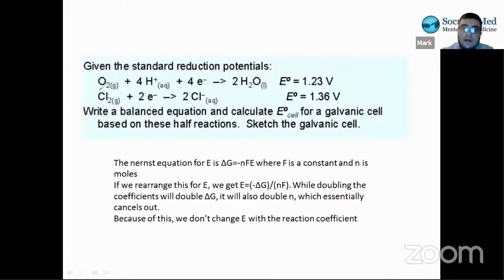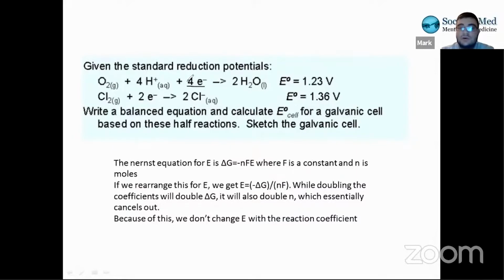So we have this O2, neutral, going into 2H2O, and you're using these 4 electrons. By convention, we always write the reduction reaction when we're giving this. We never write the oxidation reaction.